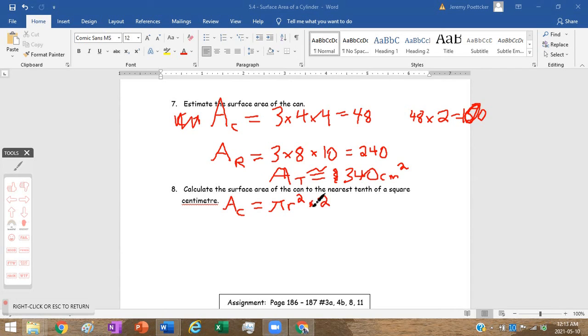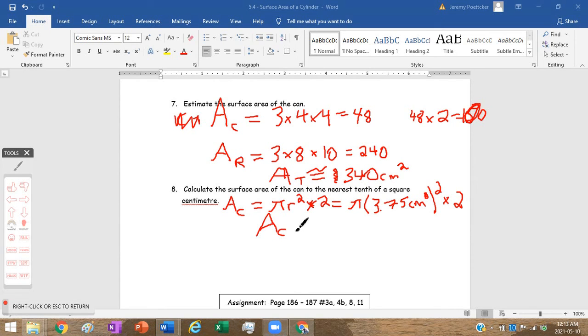All right, which I'm going to say is equal to, and I'm just going to write the pi. I'm going to punch 3.14 into my calculator. Pi times 3.75 centimeters squared times 2.